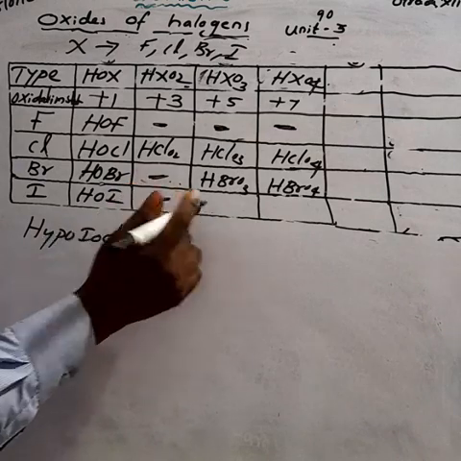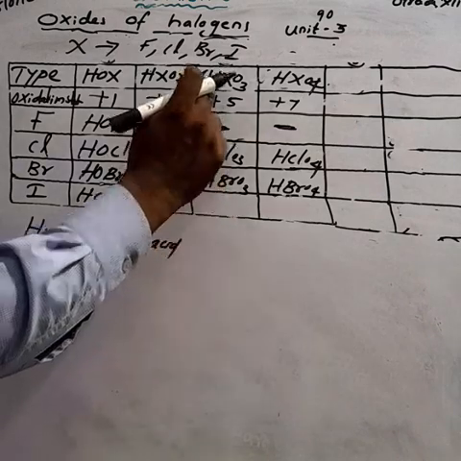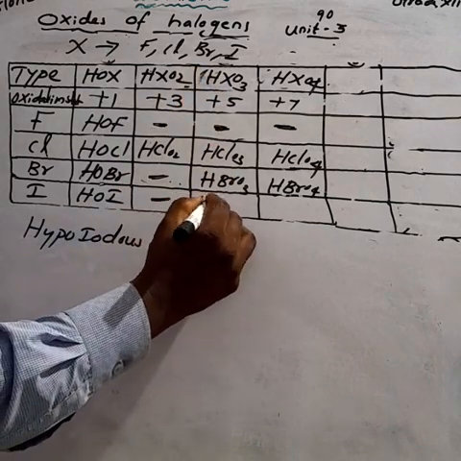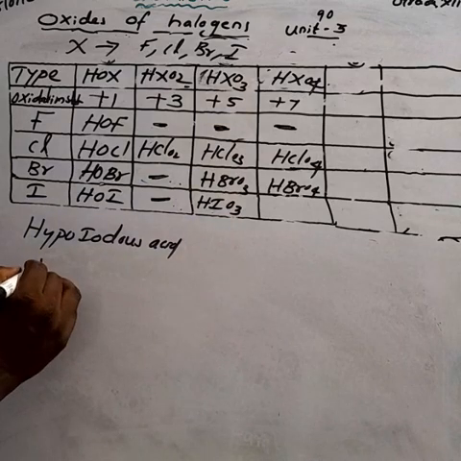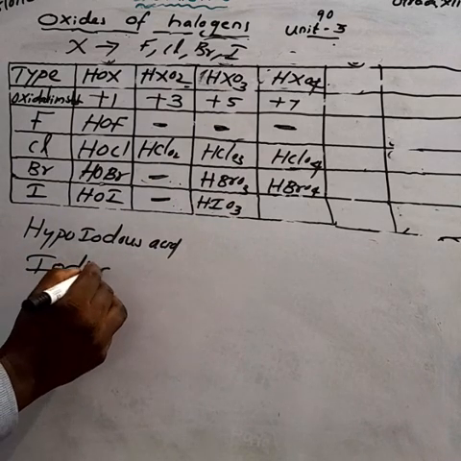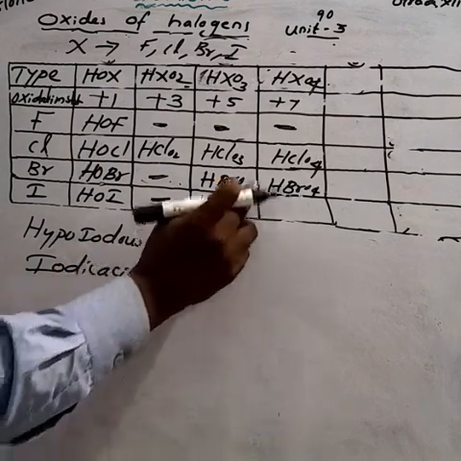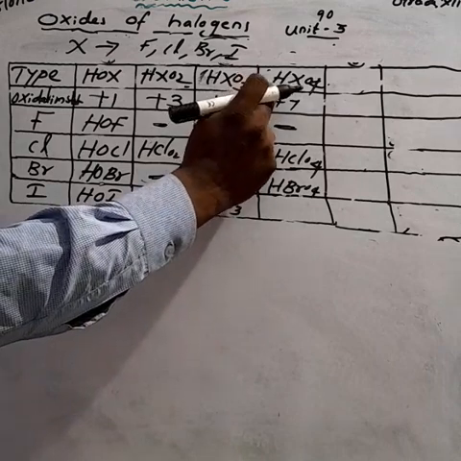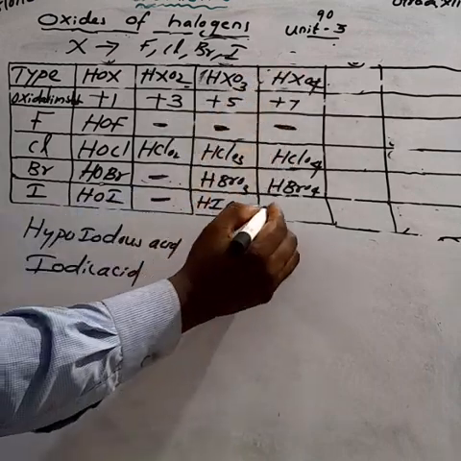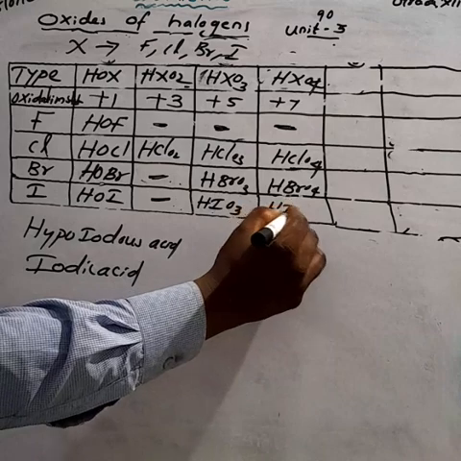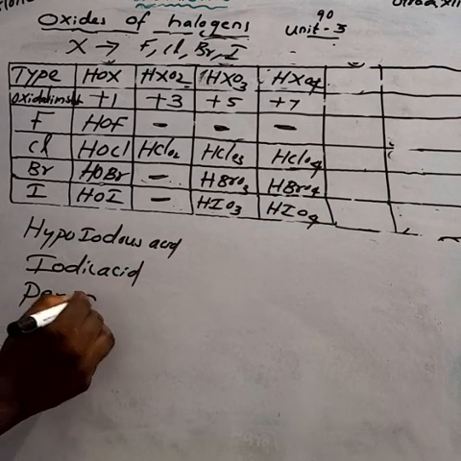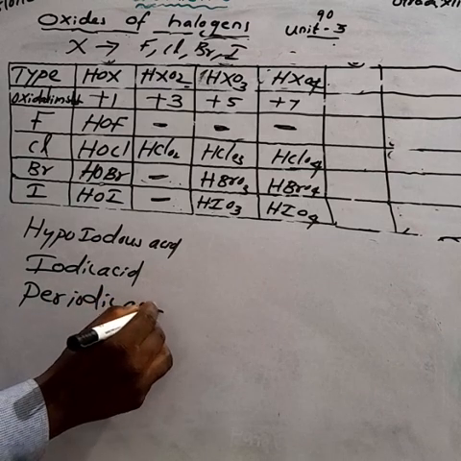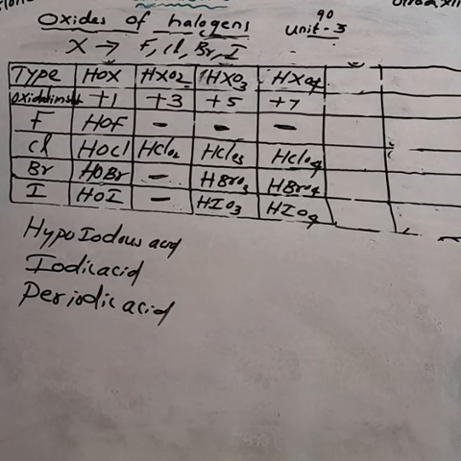Iodine can form HXO3. The example is HIO3, iodic acid. The last one is HXO4. The formula is HIO4, periodic acid.